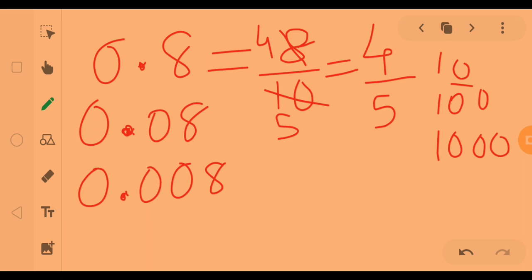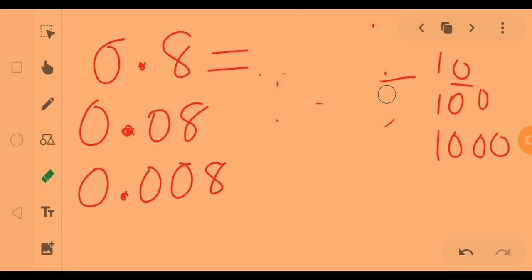And see the next number. The next number is 0.08. First of all, we write the number as a whole number, so 0.08 is 8.